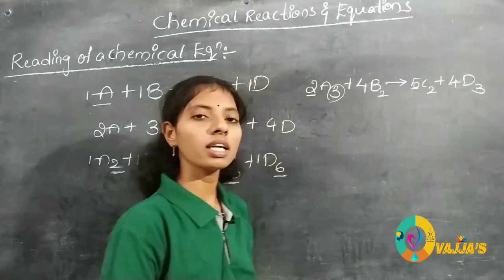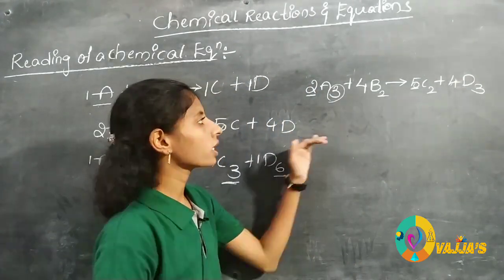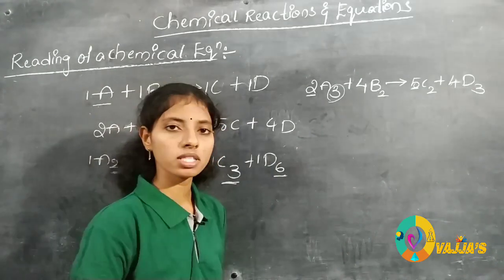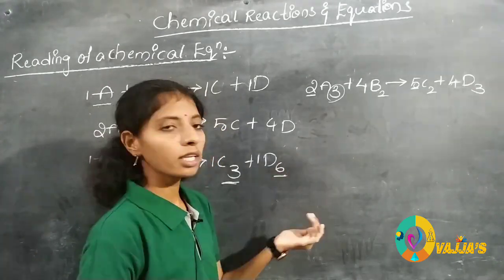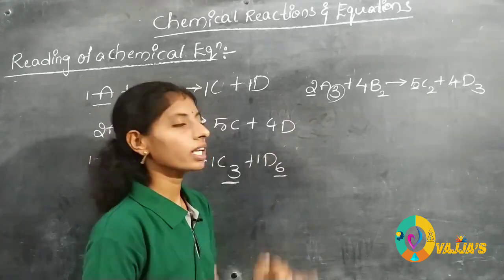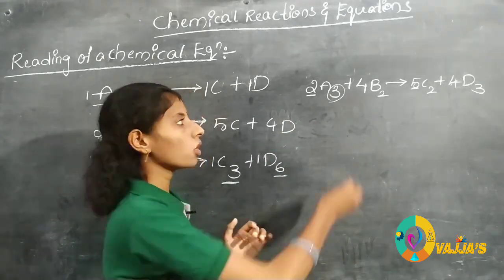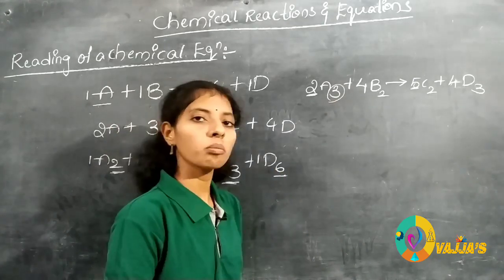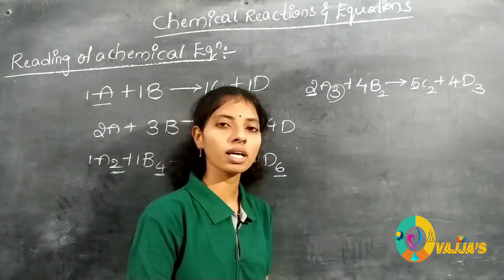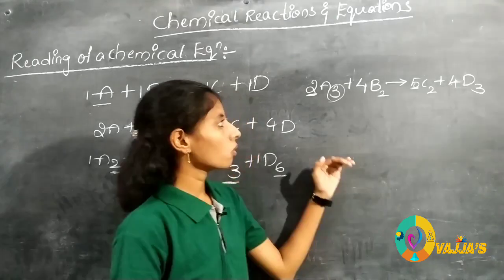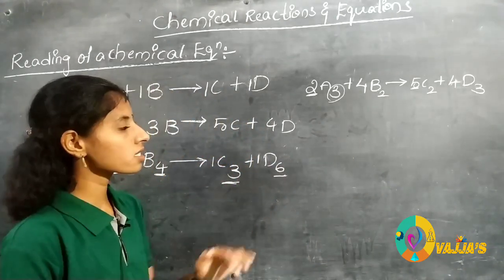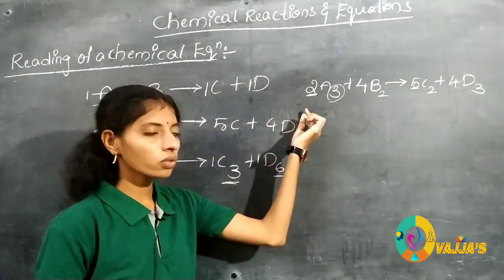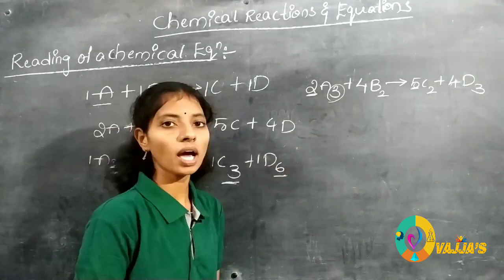So remember that in any chemical equation, on the reactant side as well as the product side, the number before, the coefficient, indicates the number of molecules. The subscript indicates the number of atoms present in a chemical equation. So now it is clear how to calculate the number of molecules and the number of atoms.